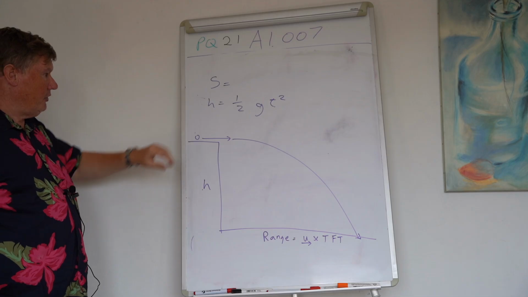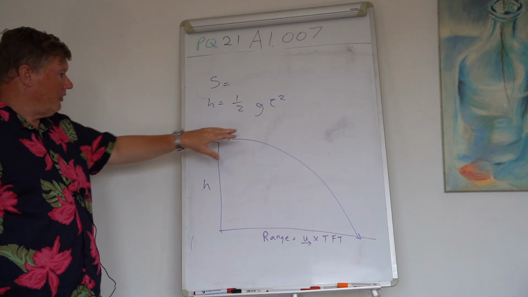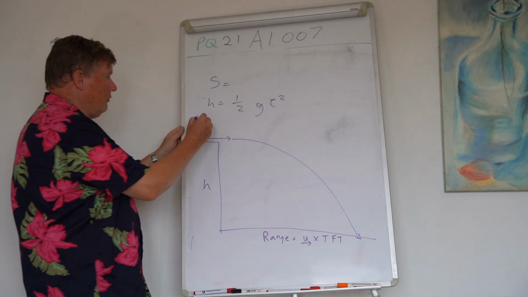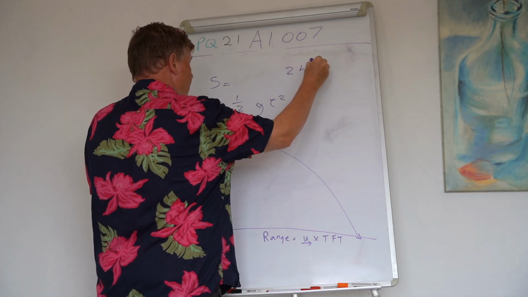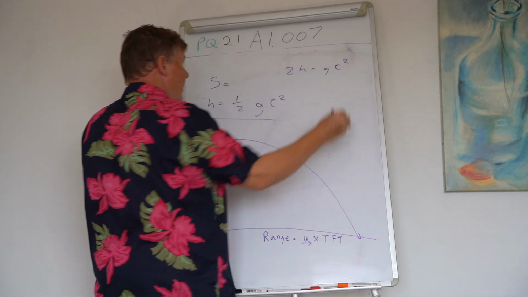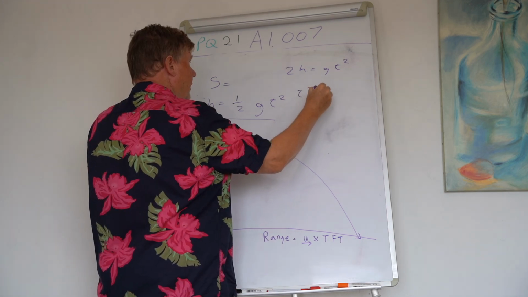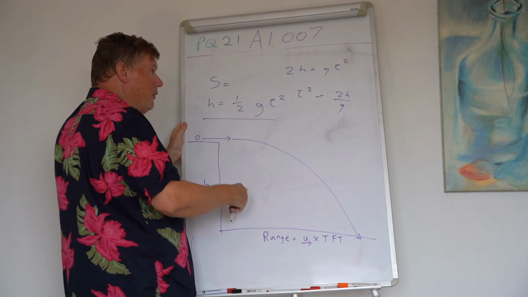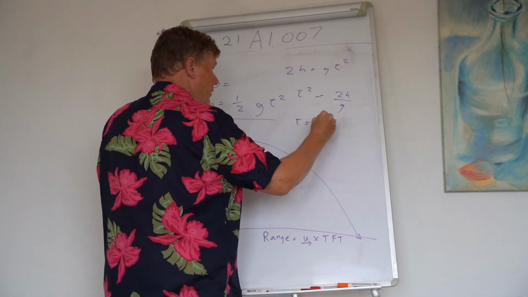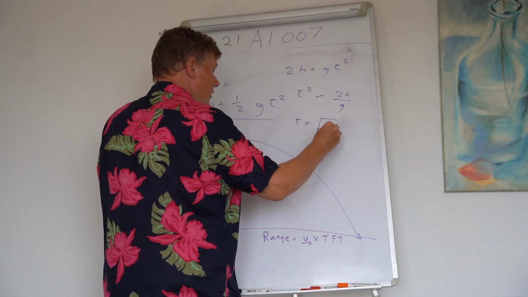What we need to then do is to rearrange this to try to get t out of it. So do you agree that 2h equals gt squared? T squared would equal 2h over g. So the time to fall down would be root 2h over g.